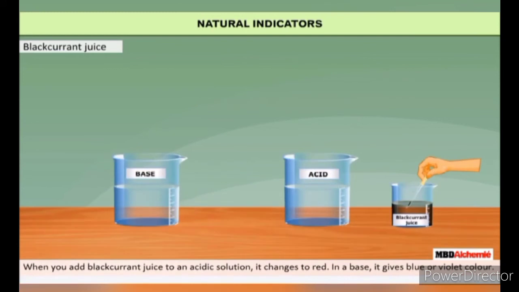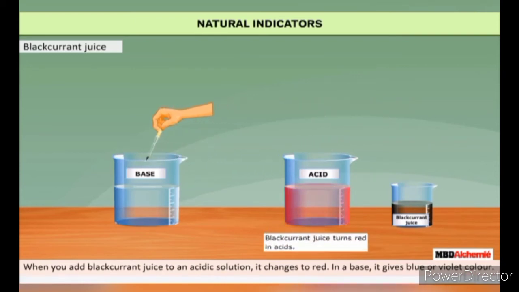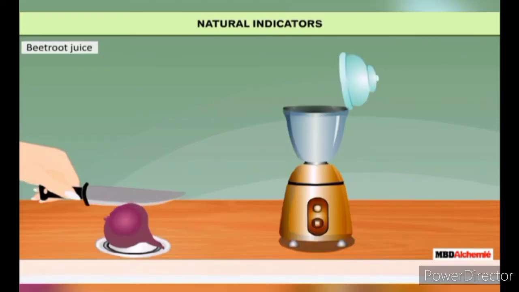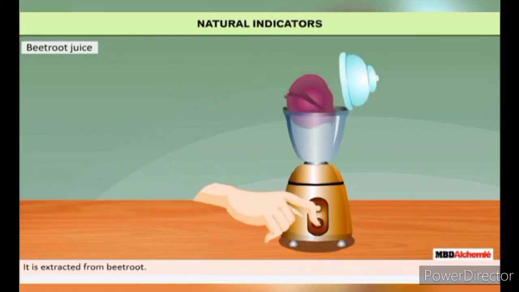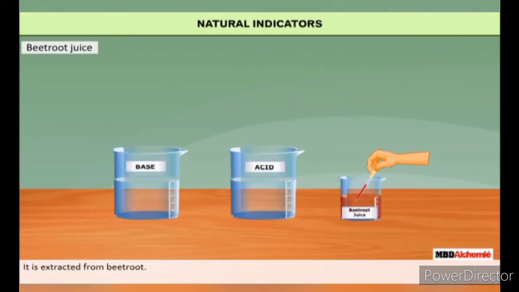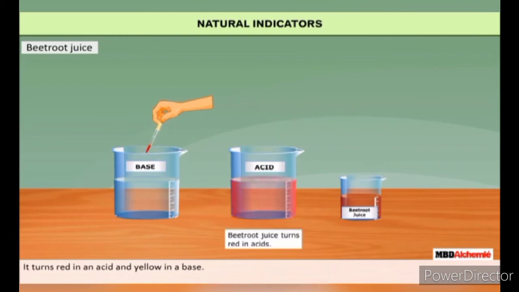When you add blackcurrant juice to an acidic solution, it changes to red, and in a base it gives blue or violet color. Beetroot juice. Beetroot juice is extracted from beetroot. It turns red in acid and yellow in base.